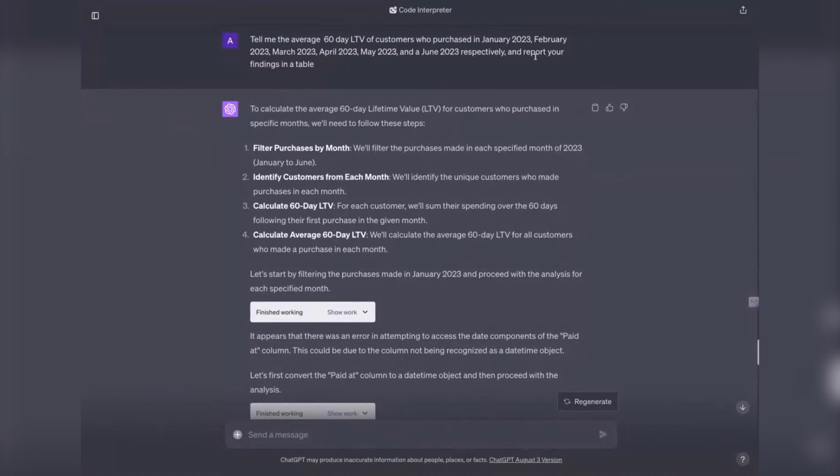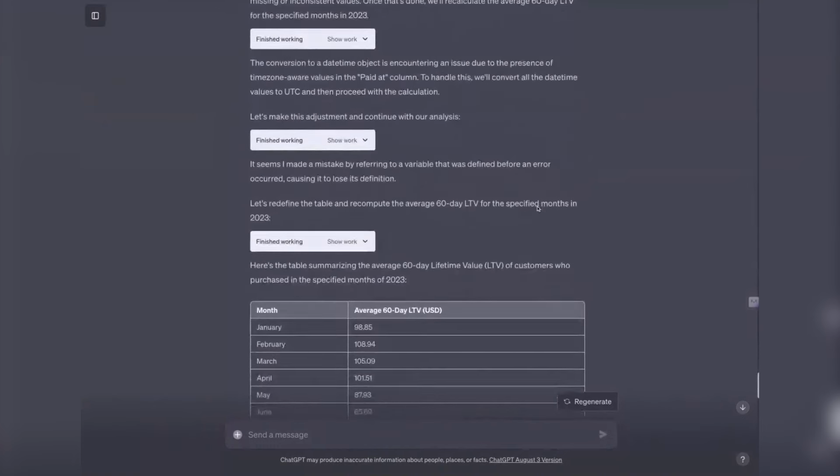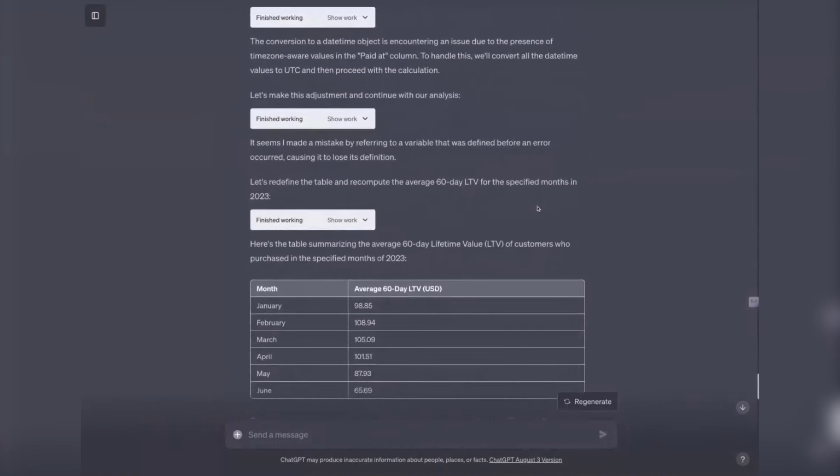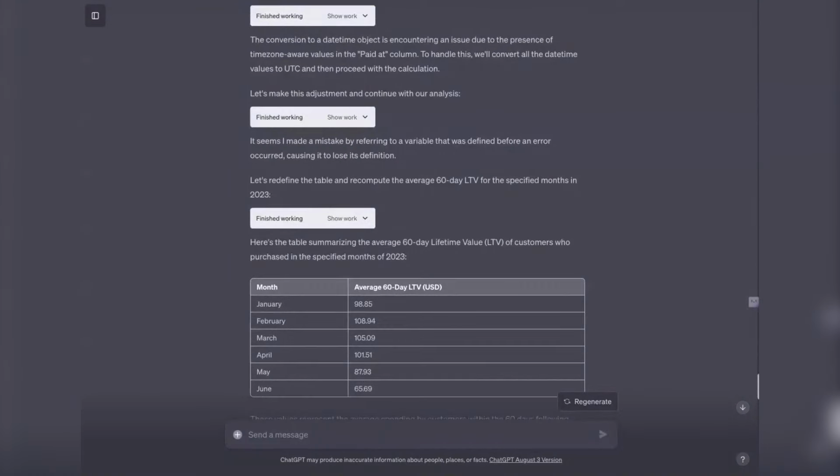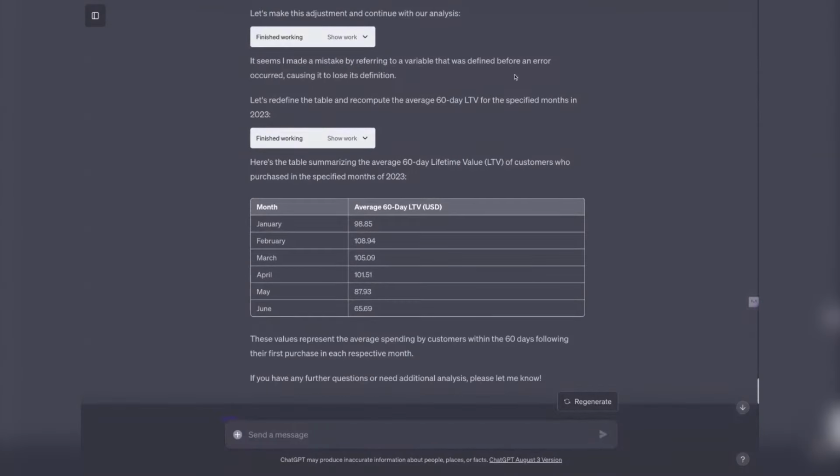So it does what it needs to do, and then it spits out the findings over here. So the cohort of customers who came in January on average spent $98 in the first 60 days of being a customer, February 108, March 105, and so forth.